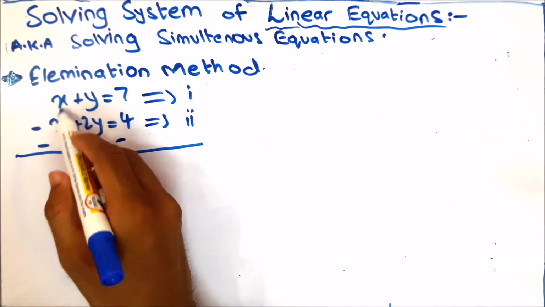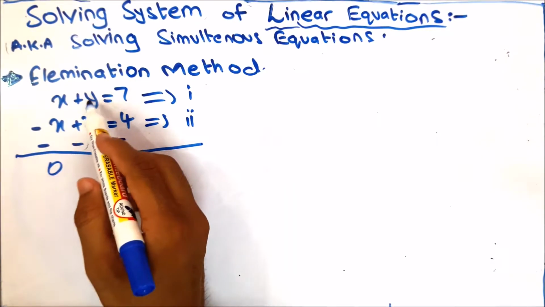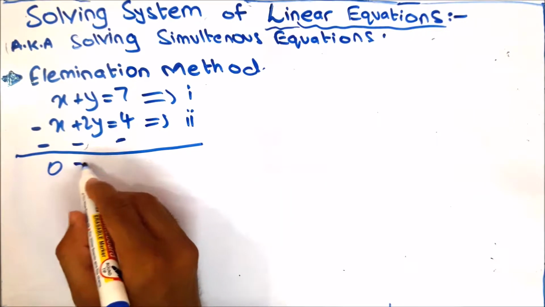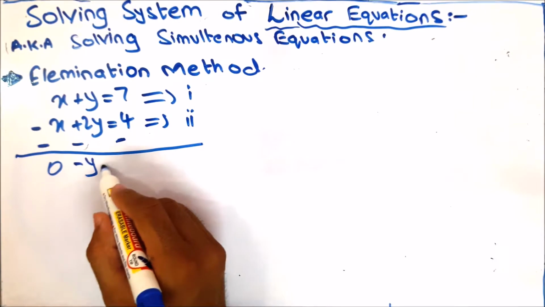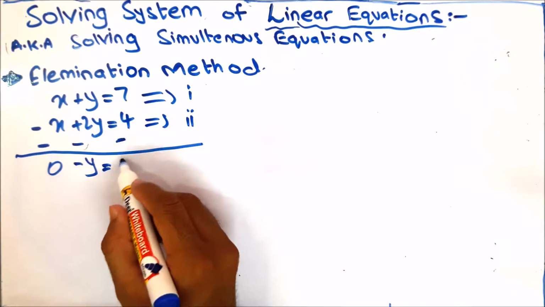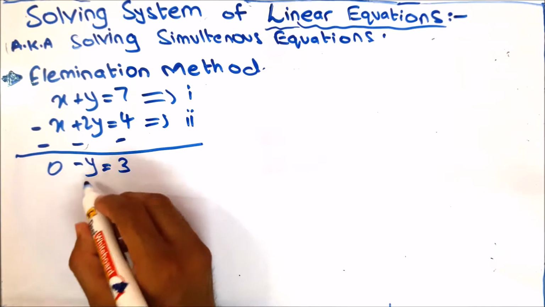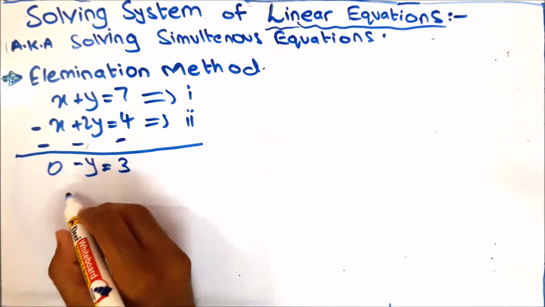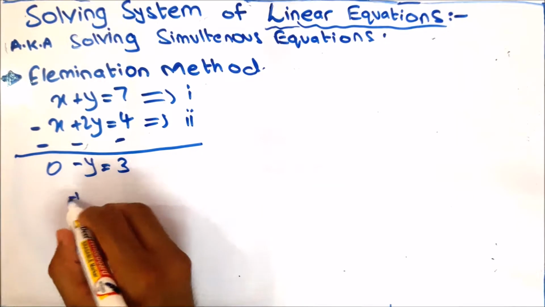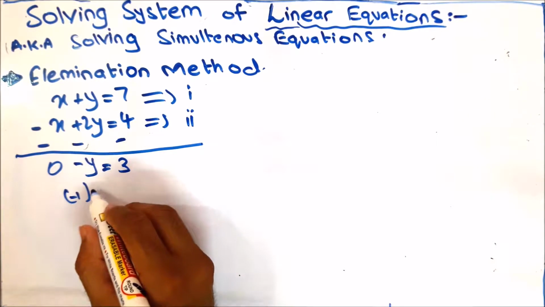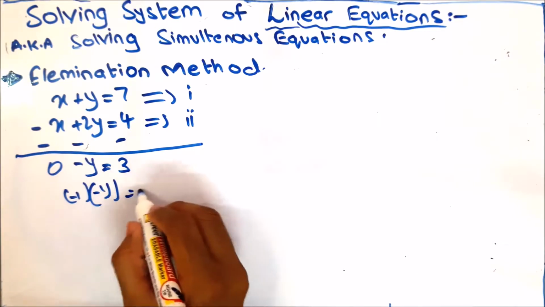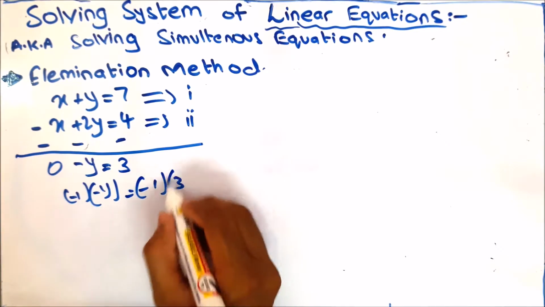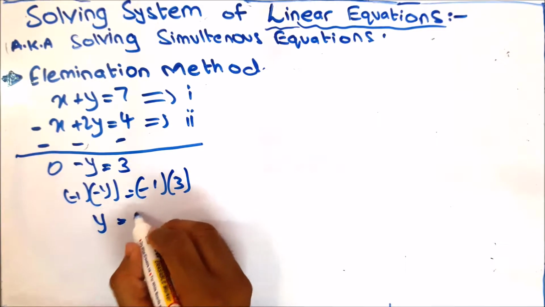So x minus x is 0, nothing, and y minus 2y is minus y, equal to 7 minus 4, which is 3. If we multiply both sides by -1 to get it positive, we get y is equal to -3.